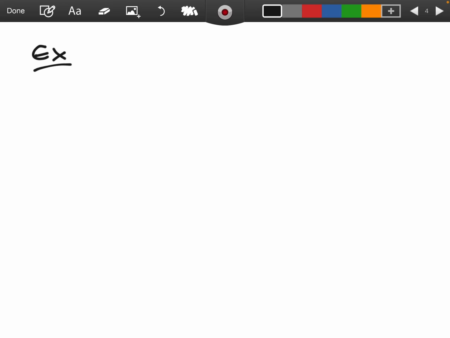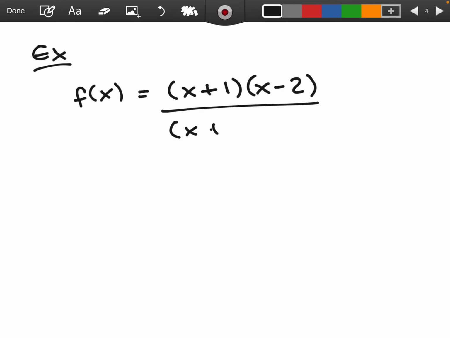One more example that I want to look at is if you get a rational function of this form. So it was already factored, but you find that you have the same term in the numerator and denominator. Do not cancel those out. Your domain is still all real numbers except for where that denominator is 0.